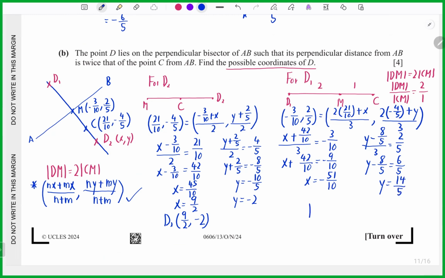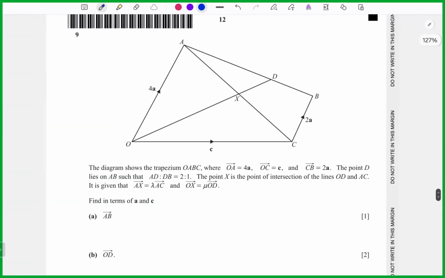So this is your coordinate for D1: negative 51 over 10, 14 over 5. So this is your possible coordinate of D. I hope this way can help you. Okay, question 9.